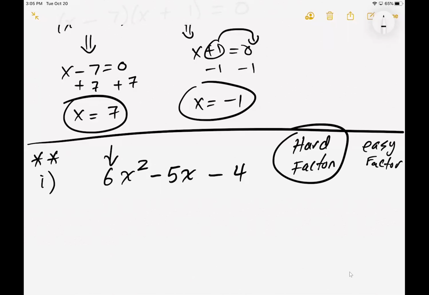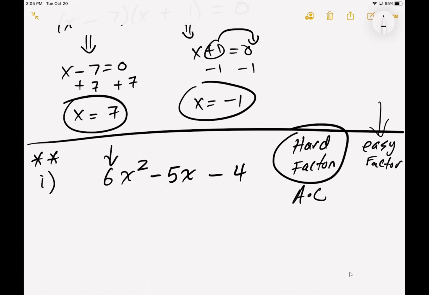Because there's a number in front of x squared, remember we need to use the AC method. If you go back and look at the previous problem, there's no number in front of x squared. And that's why if there's no number in front of x squared, it's an easy problem or easy factoring. This one here is a hard factoring. We need to do the AC method.